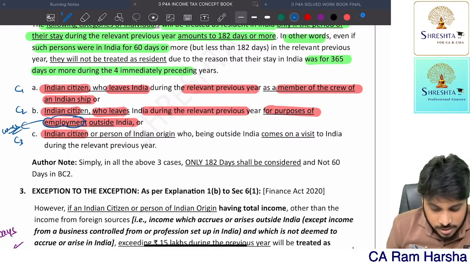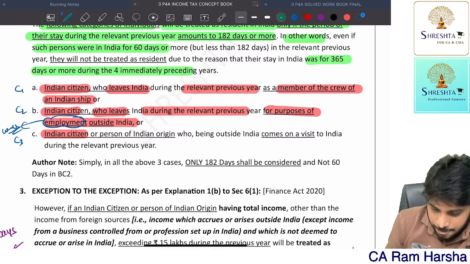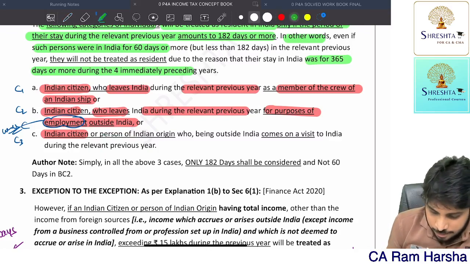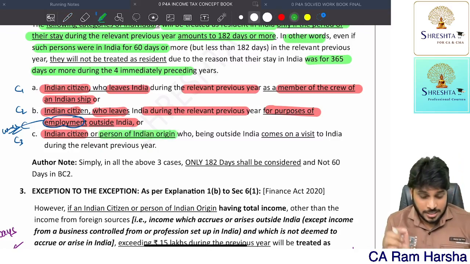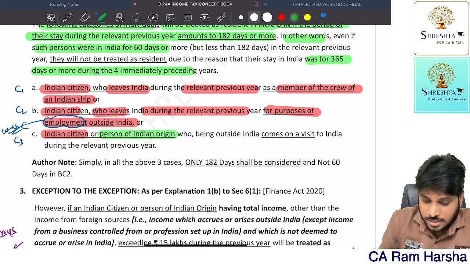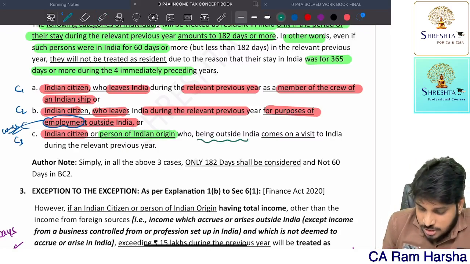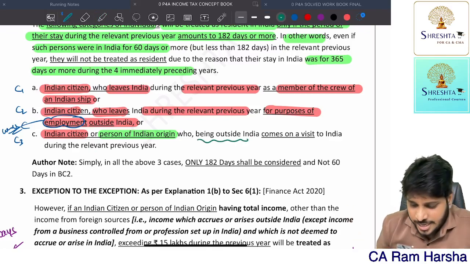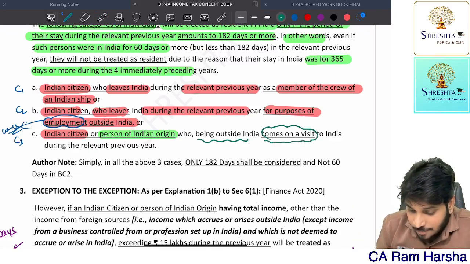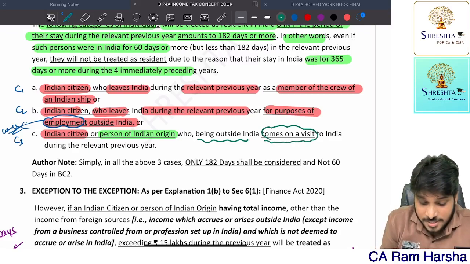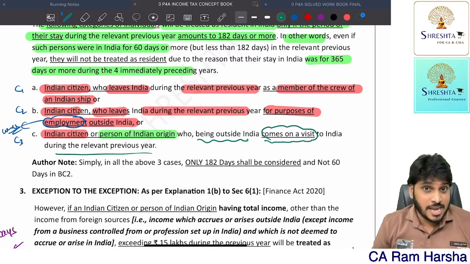Or third case, an Indian citizen or a person of Indian origin, being outside India, who normally stays outside India, comes on a visit to India during the relevant year. So this is case number 3.